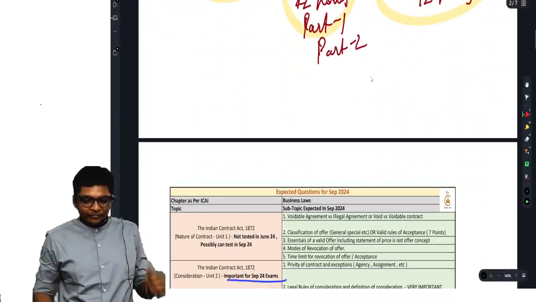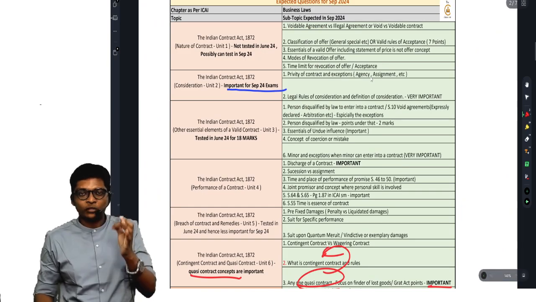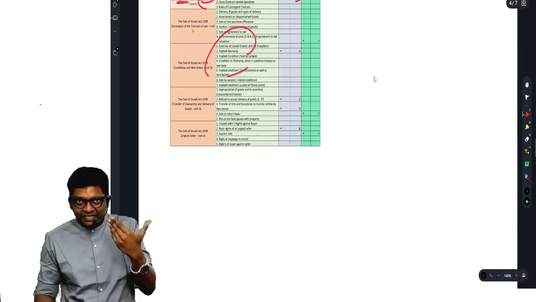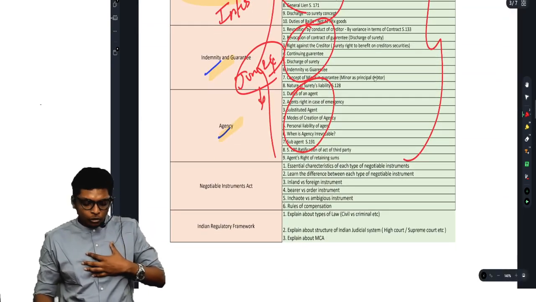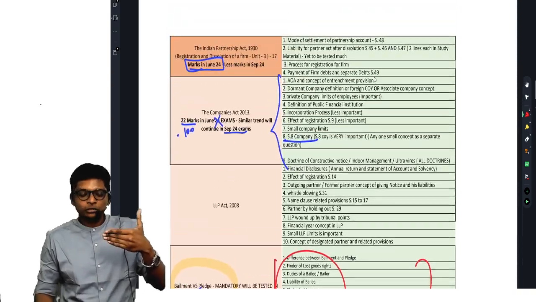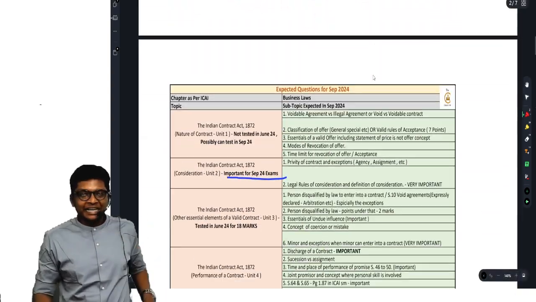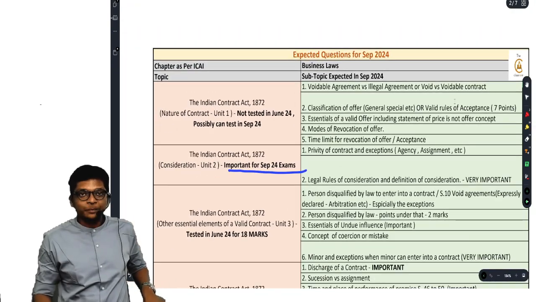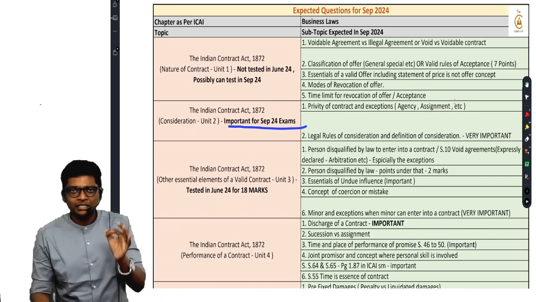So this is how this expected question list is prepared for CA Foundation. You don't focus on the analysis. I have done that for you. When you download, you will just get these topics chapter wise, aligned to the new syllabus, and in the past 8 attempts we have always been right, and let's hope the same will continue.